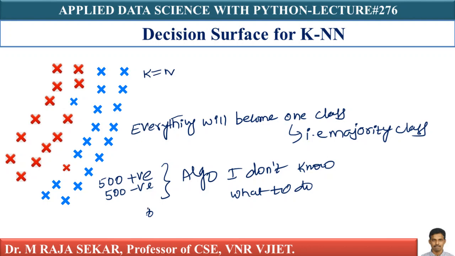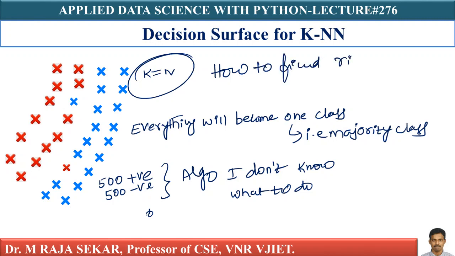That's what happens geometrically. With this particular geometric interpretation, our intention is to learn how to find the right k. How to find the right k, I will explain in future lectures.